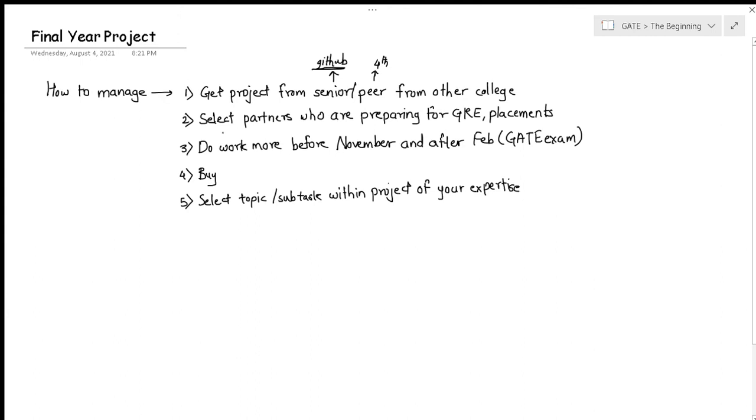Now the next advice I could give is that select partners who are preparing for the GRE or placements, because in any condition they will have to make a very good project, right? So having them in your group will automatically make sure that your project is going to go to completion, right? So what I would suggest is that in such cases, you just talk to your partners and ask them, will you please handle the project for a while.